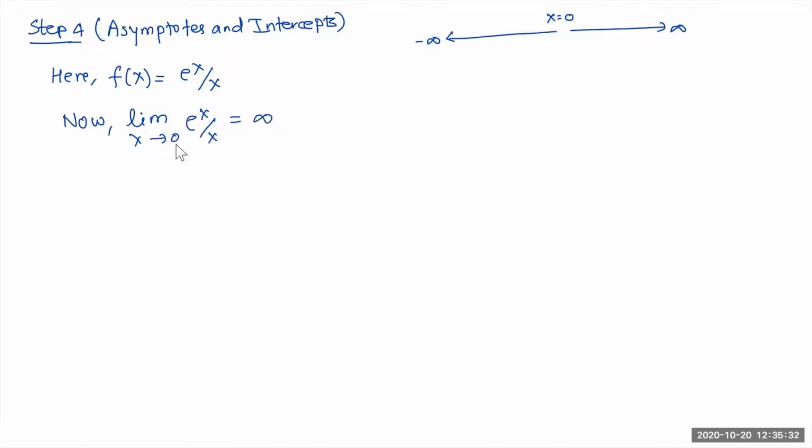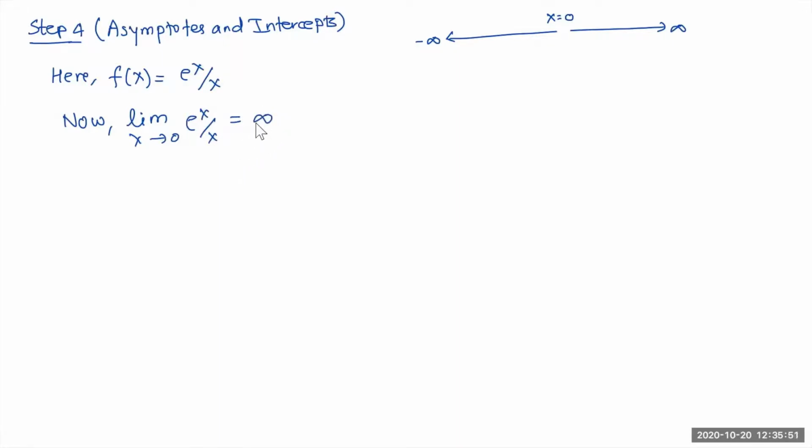The reason is when you plug in 0, it will be e to the 0, which is 1, and you are dividing by a number which is close to 0. When you divide 1 by a number which is close to 0, it's a big number, it's infinity. So when x approaches a finite value, the value of the limit is infinity.